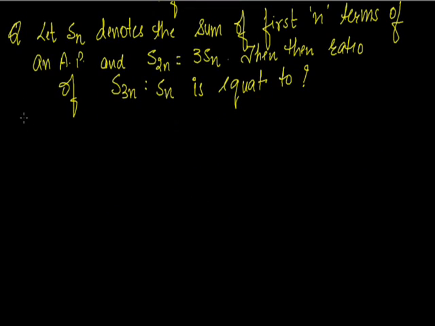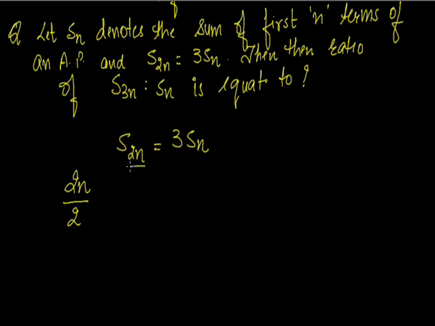We are given Sn is the sum of first n terms of an AP, and we know that the Sn formula is n by 2, 2a plus n minus 1 into d. Given condition is S2n is equal to 3Sn. Now the sum of 2n terms will be equal to 2n by 2.